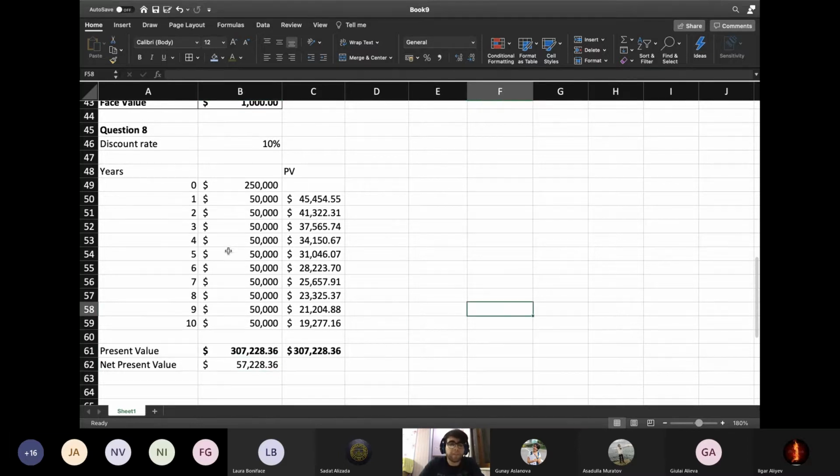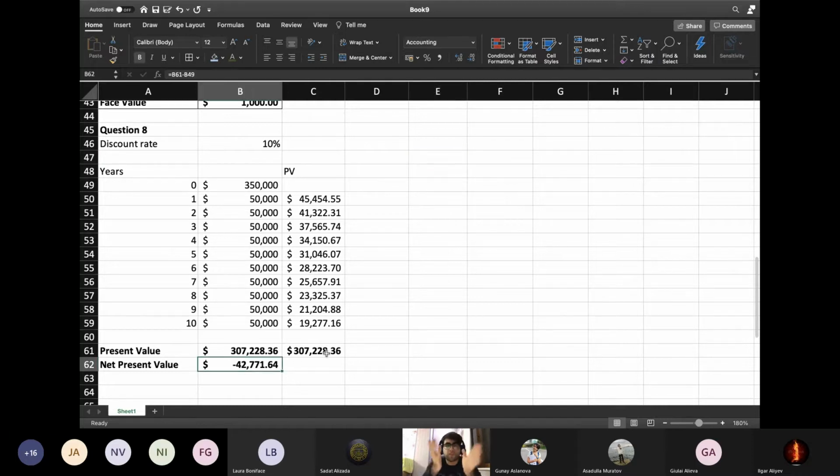Otherwise, net present value can be negative. Let me increase the initial cost to 350,000. You see, the net present value is negative, because the initial cost is higher than the present value of future cash flow. So this project should be rejected. This is real net present value.